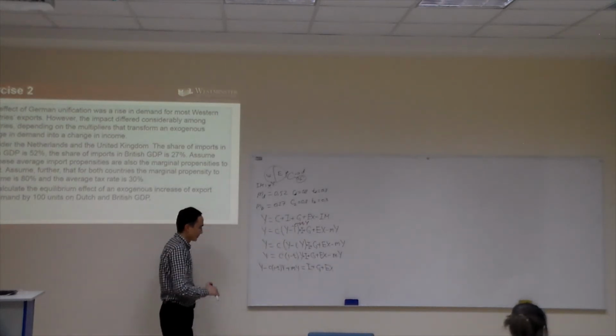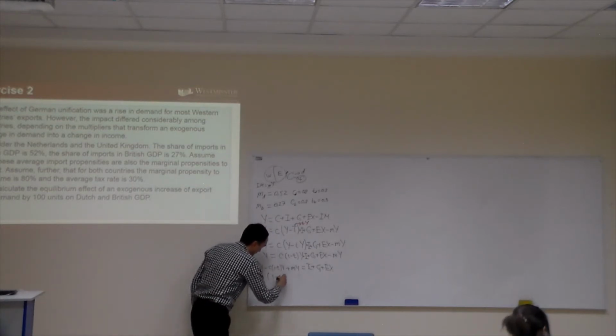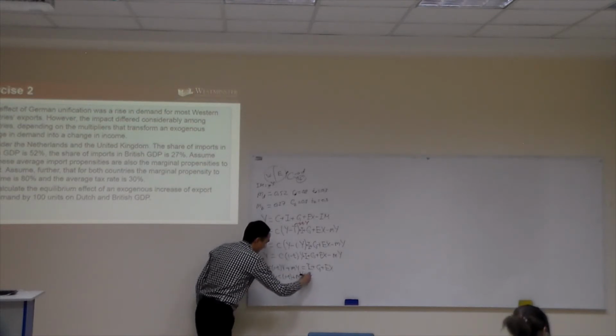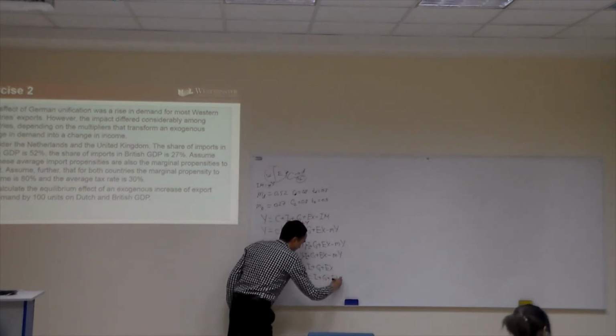So this is it. If I take this Y out, we have 1 minus C1 times (1 minus t) plus marginal propensity to import, times Y, is equal to I plus G plus export.